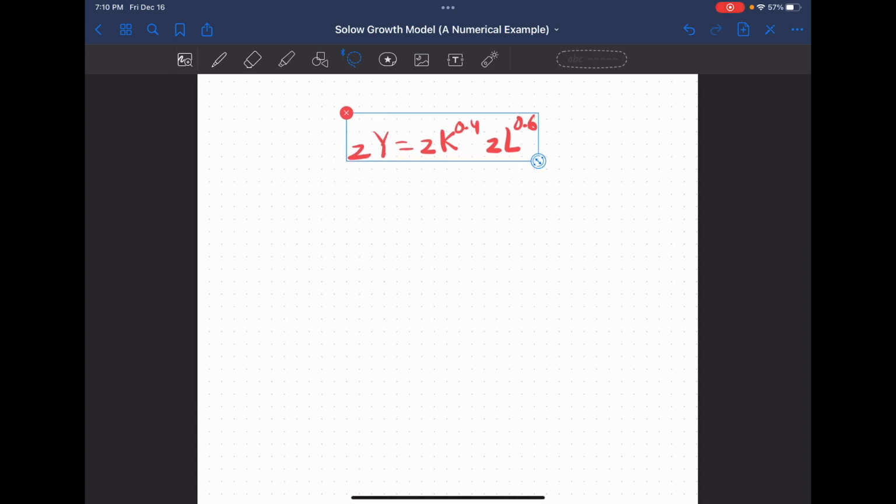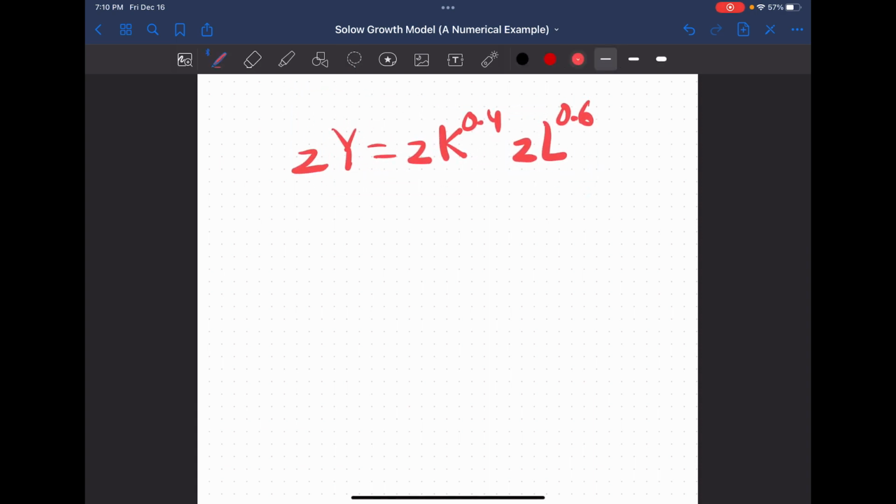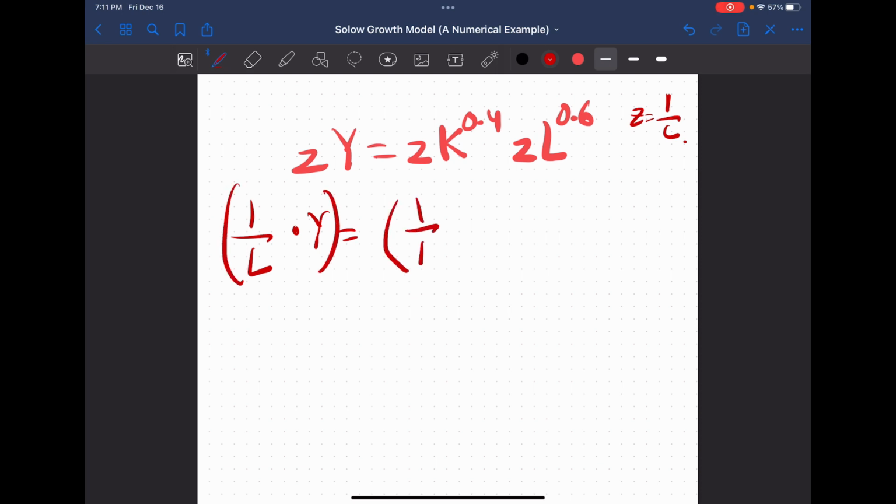So here's the thing we just derived. Now, we said earlier that z equals 1 over L. So 1 over L multiplied by Y, brackets, again, put brackets. Brackets are your friends. Then K to the power of 0.4, then 1 over L times L^0.6.